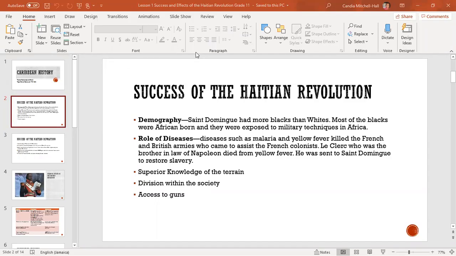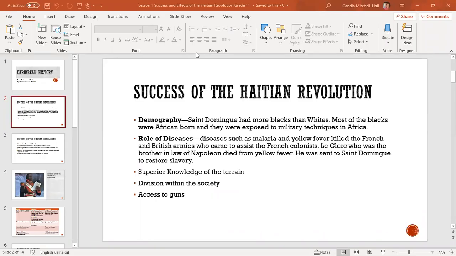Another thing that we never looked at was the division in the society. Saint-Domingue was a very divided society. You had the grand blancs against the petit blancs, the grand and petit blancs against the colored or the mulatto, and the mulatto against the blacks.